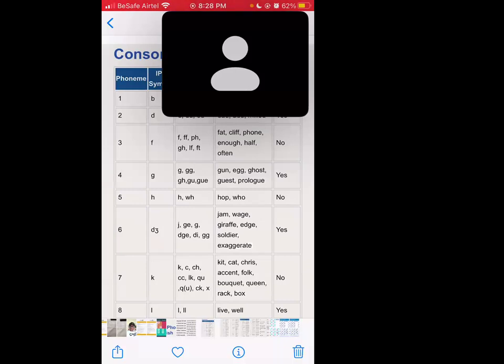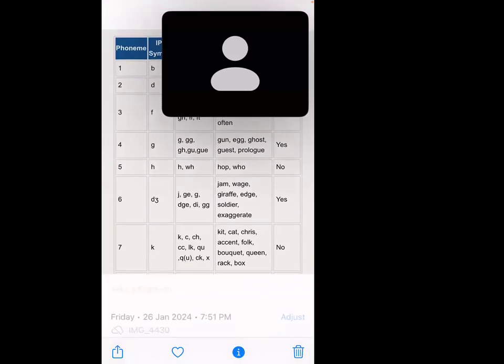Now let's check the words. You have jam, wage, giraffe, edge, soldier, exaggerate. Now this sound J is also voiced, meaning there's a vibration on your throat.